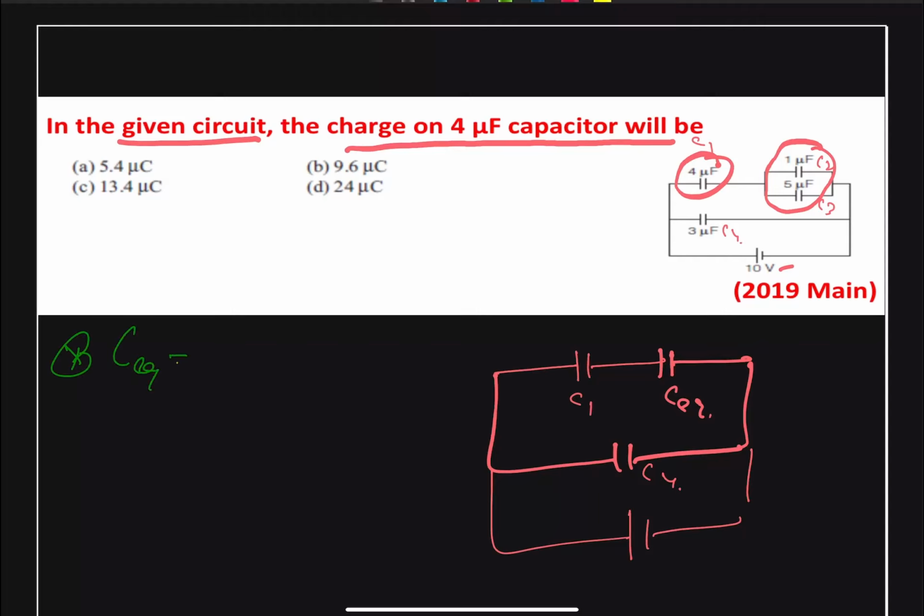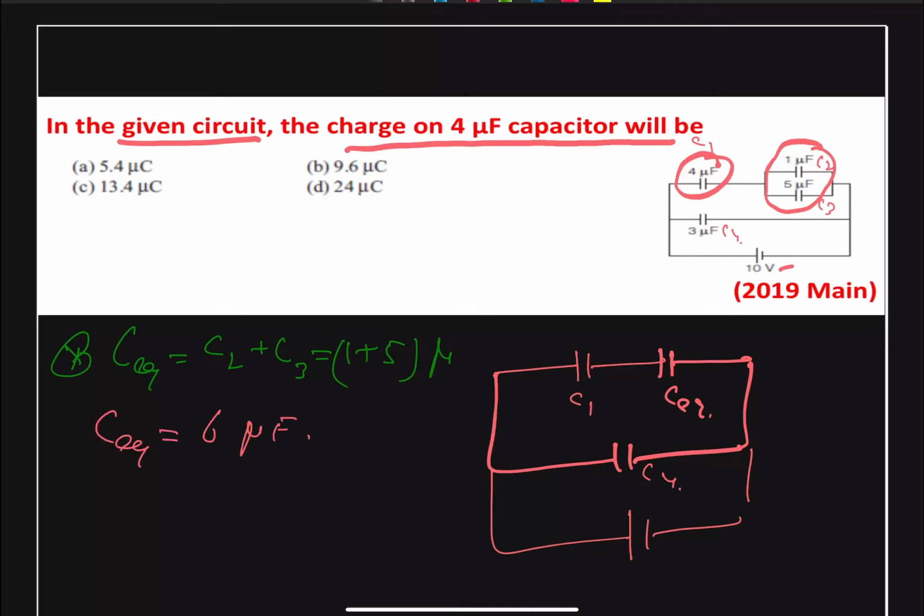So we can say our C equivalent is our parallel combination of 1 and 5, which is directly a summation. So this comes as C2 plus C3, which comes as 1 plus 5 microfarad. So we get our C equivalent equal to 6 microfarad.